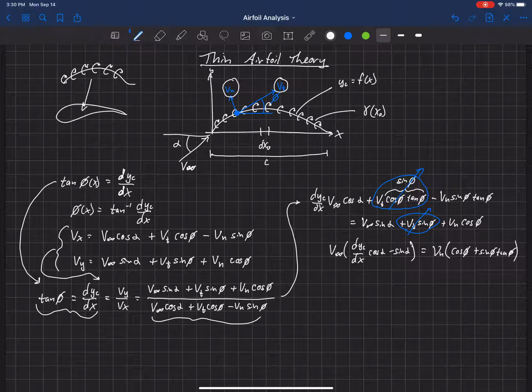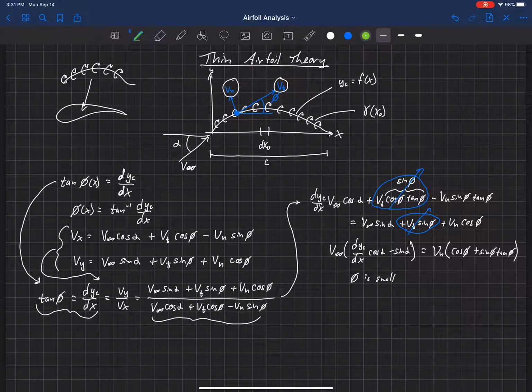Okay, so up to this point, we've been pretty general about how we're handling angles and everything, but at this point, it's helpful to make some approximations that are going to simplify these equations. And the first approximation we're going to make is that phi is small. Okay, so we're basically saying that the slope, so the camber of most airfoils is on the order of somewhere around 2%.